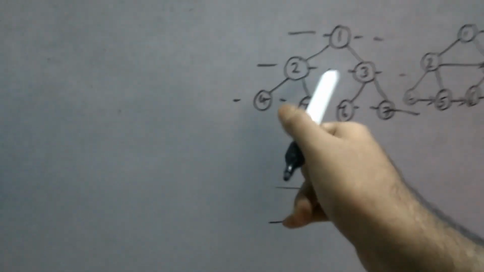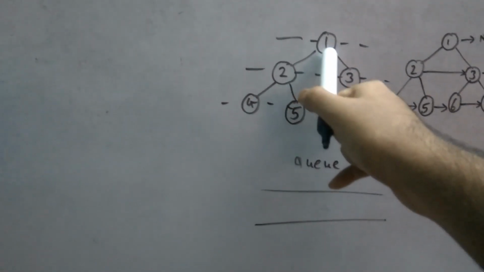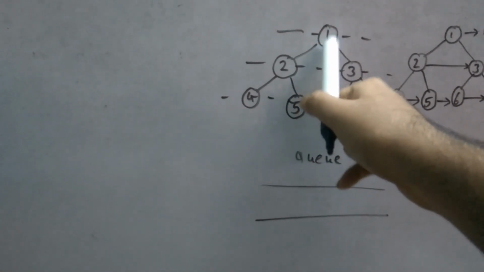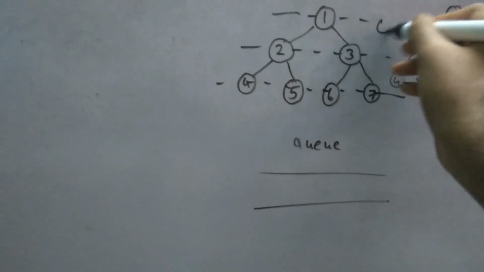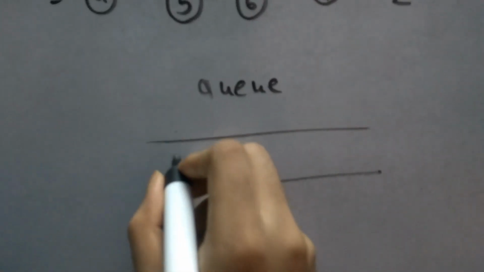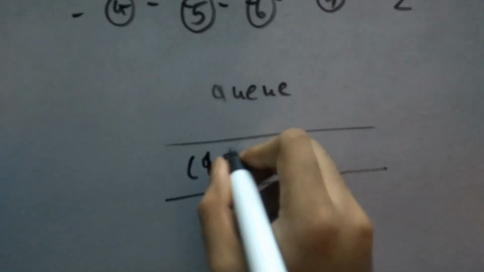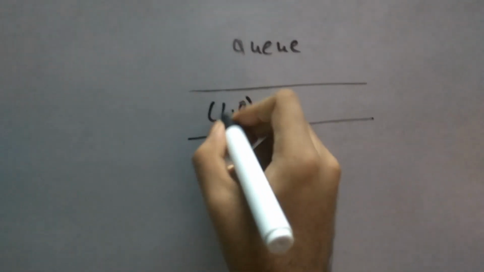So whenever we are putting any element in the queue, we will put the node of that element and also its level. So this is level 0, this is level 1, and this is level 2, right? First of all we are putting 1 and its level is 0.